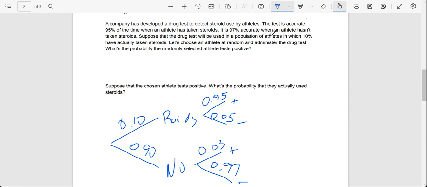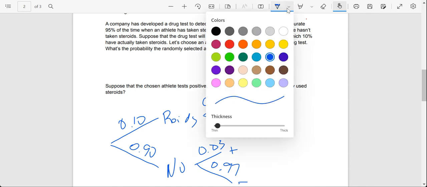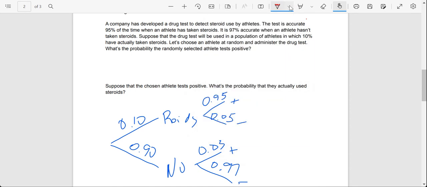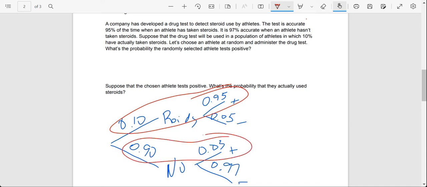What's the probability the randomly selected athlete tests positive? So for athletes testing positive, there are two different scenarios. I'm going to highlight this in red. So test positive is right here and right here. What we're going to do, the probability of the top event happening is this times this, right? Which will get you 0.095.